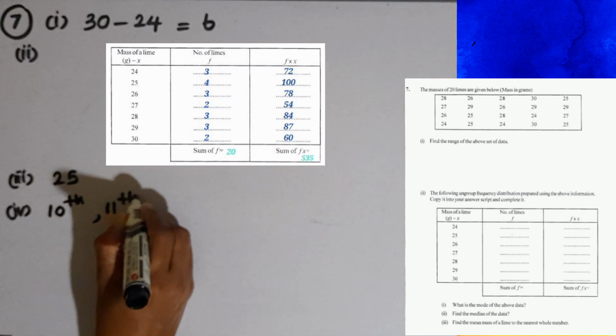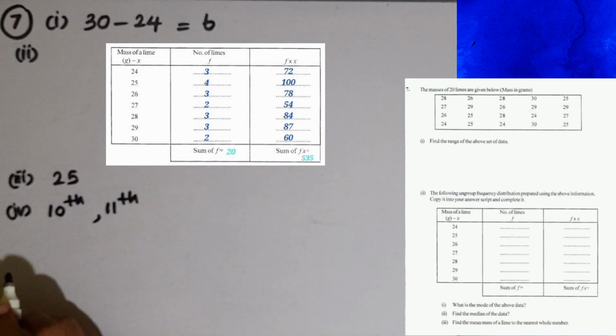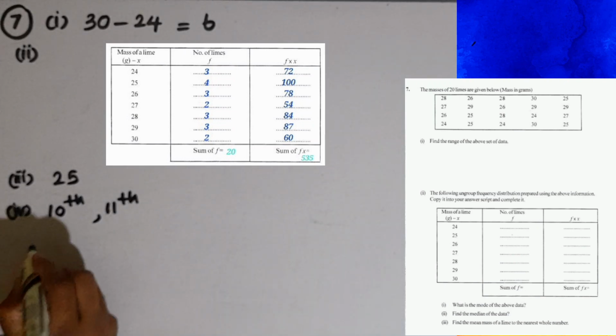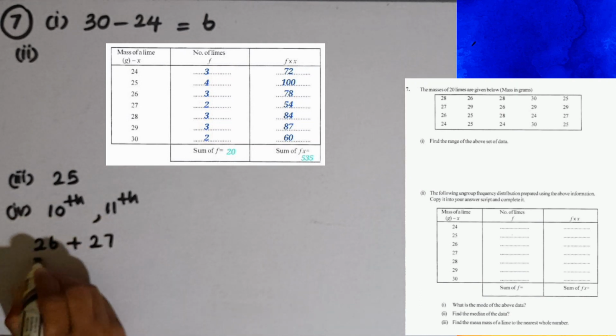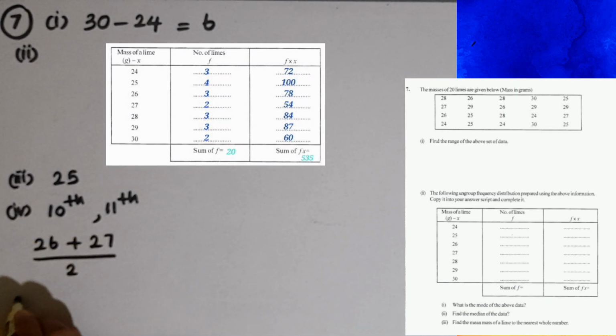We have to consider the 10th and 11th values. The 10th value is equal to 26 and the 11th value is 27. The average of it is equal to 26.5. That is the median of the data set.